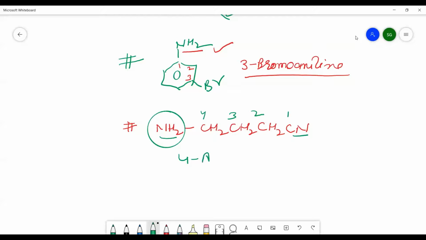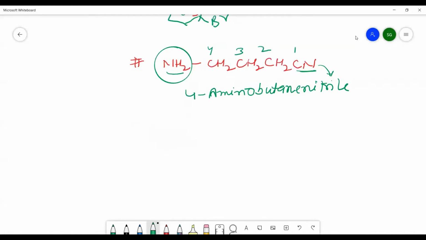It is 4-amino. At the fourth position, the NH2 group is there, and NH2 will become amino, 4-amino butane nitrile. Because whenever the CN group is there, in IUPAC nomenclature, the suffix will be nitrile. So 4-amino butane nitrile.